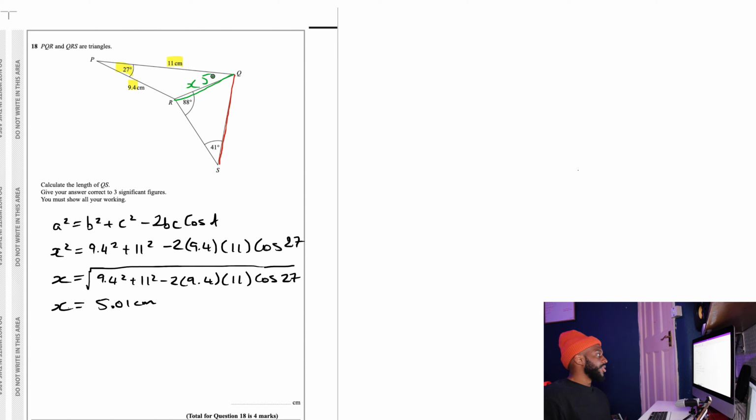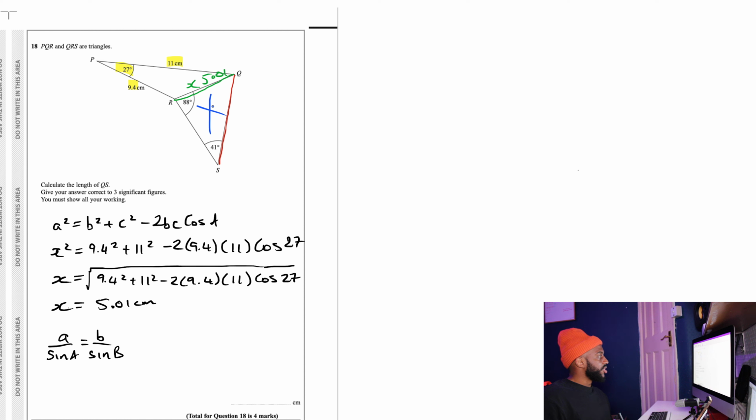So that's 5.01. And now we're going to use that length and these two angles to find the missing length QS. And we're going to use the sine rule. And because we're finding a length, we're going to use the sine rule with the length on top. We're going to use that version of the sine rule. Okay, so we're going to look at our opposite.